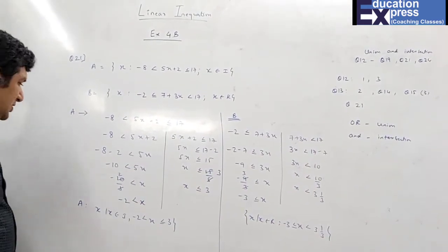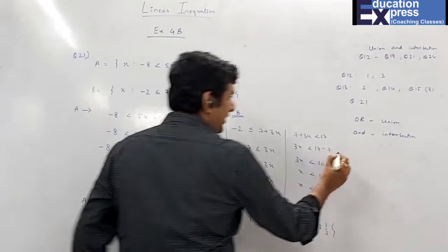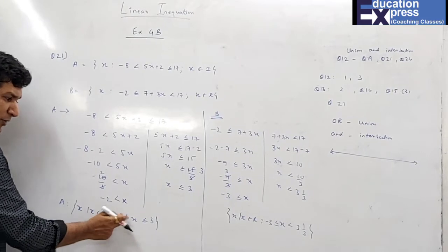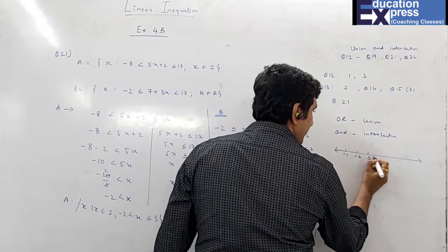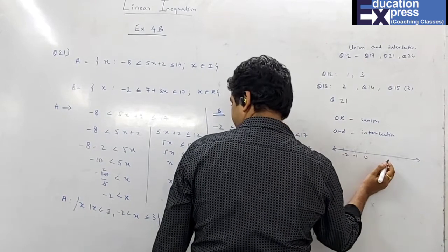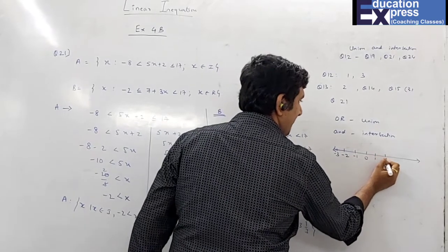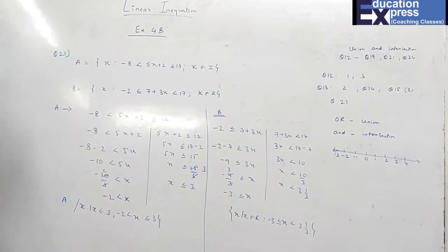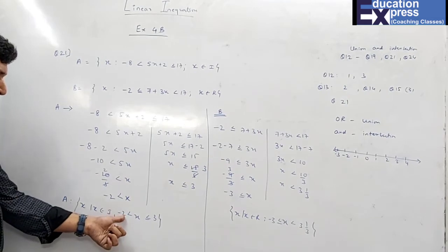I have to draw the number line first for A. They are integers, okay students, -2 to 3. These are the range. Range means the limits. Now, a very important part: it's integers, so -2 will not be included because it's not equal to.